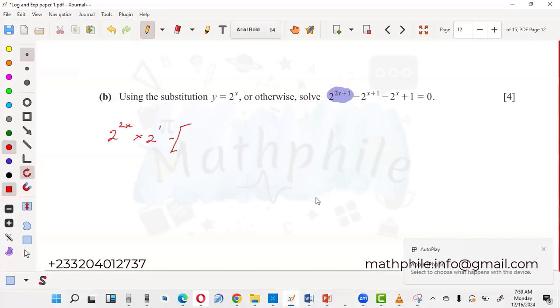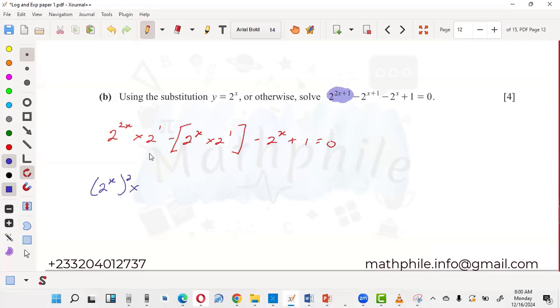So from here, I can say that this was once written as 2 raised to the power x times 2 raised to the power 1, minus 2 raised to the power x plus 1 equals 0. So this will be 2 raised to the power x all squared times 2 raised to the power 1 which is 2, minus 2 raised to the power x times 2, minus 2 raised to the power x plus 1 equals 0.